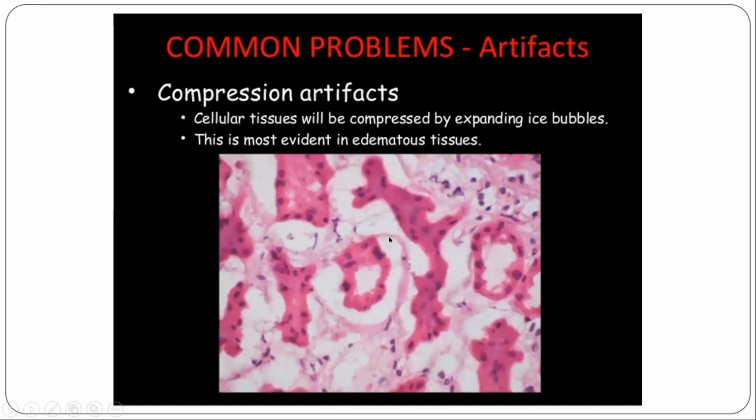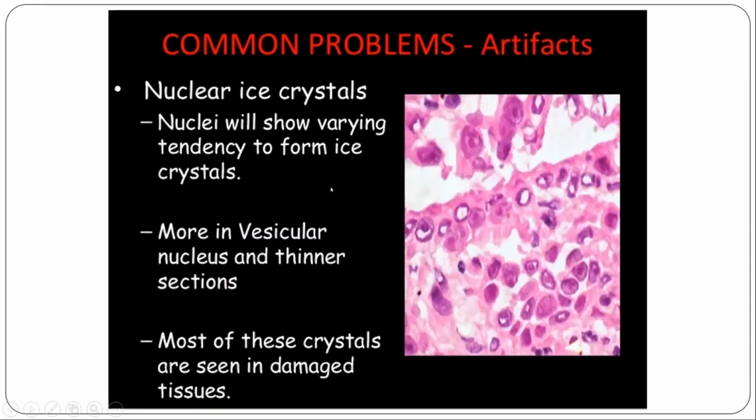Again, compression artifact. By right, there shouldn't be a space between the cells or the group of cells and the mesenchymal, but this is very difficult to interpret. Okay, the nuclear ice crystal looks like papillary thyroid carcinoma intranuclear inclusion, but actually this is ice crystal.